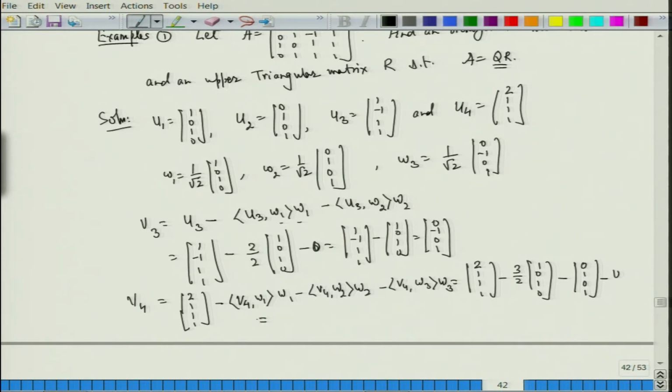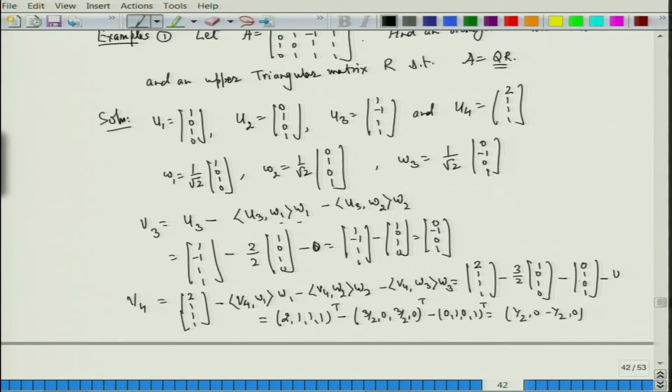Fine. So this is equal to, let me write in terms of the row vector, 2 1 1 1 transpose minus 3 upon 2 0 3 upon 2 0 minus 0 1 0 1, which is equal to 2 minus 3 by 2 is half, 1 minus 1 is 0, 1 minus 3 by 2 is minus half, and 1 minus 1 is 0. So this is what I get.